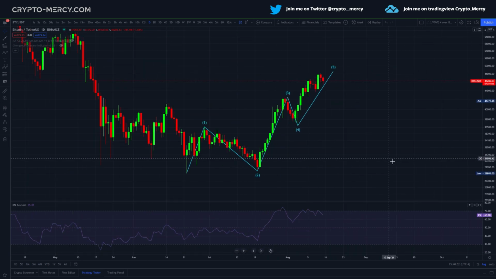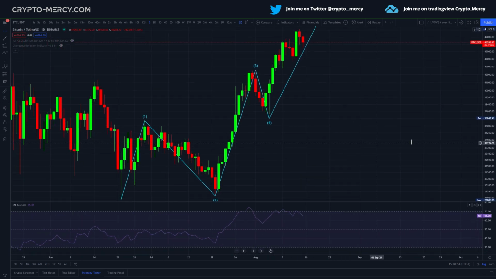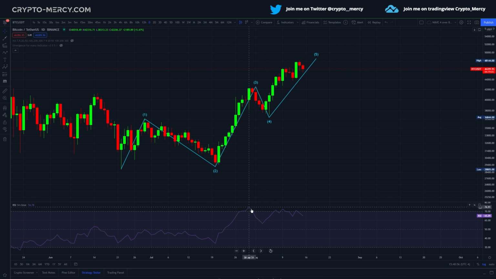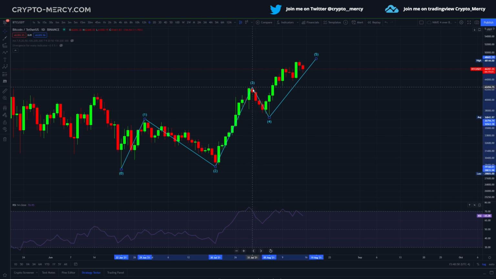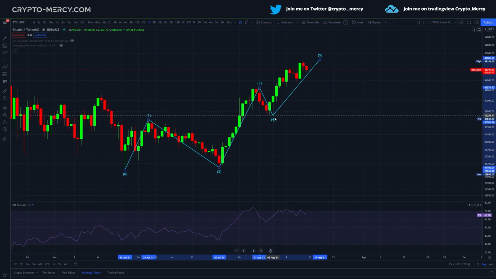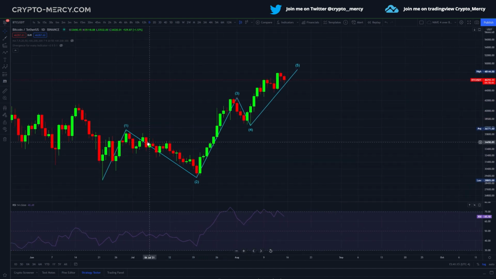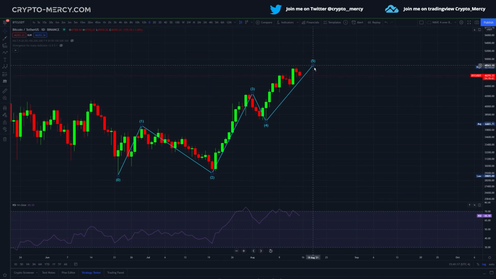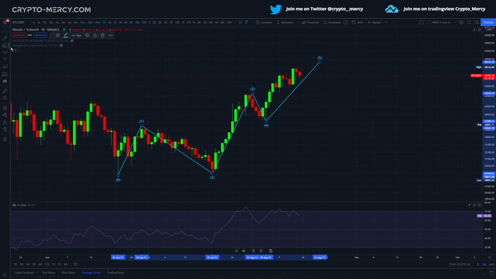On the daily chart, I want to know where is my wave 3, and my wave 3 is here. I can see no problem, it's around there. I can place my wave 3 there. Also wave 4 here on that retracement. Okay, lowest point is here. Let's do that. And now we will try to figure out the most probable target for wave 5.